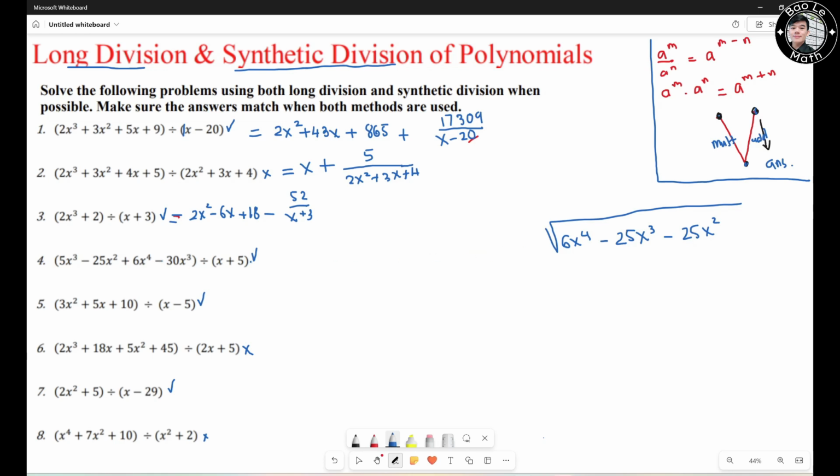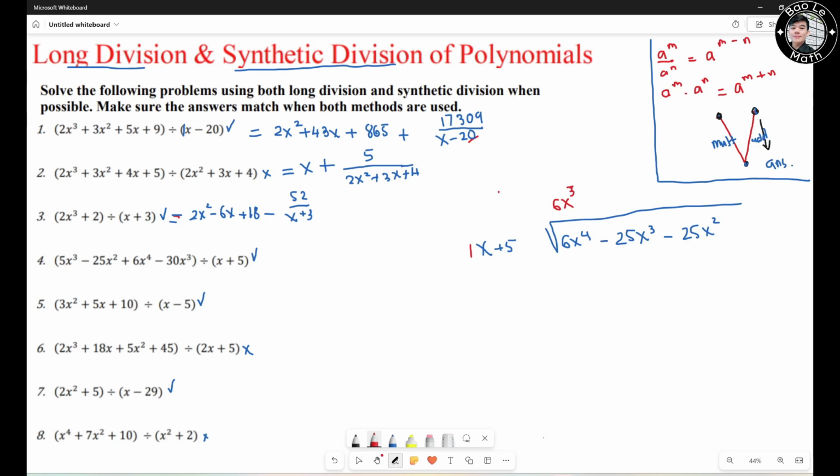Divide by s plus 5. Now, the leading coefficient is 6, and this is 1. 6 divided by 1 is going to be 6. s to the power of 4 divided by s is going to be s cubed.